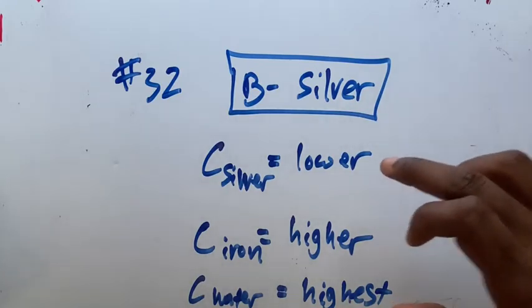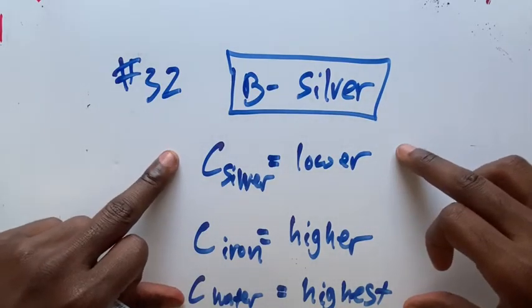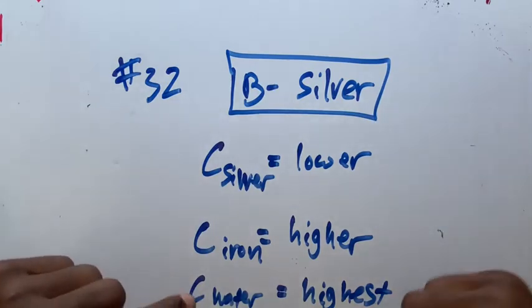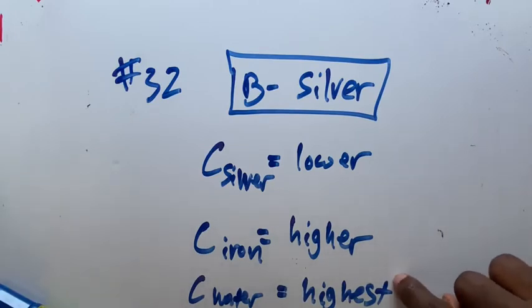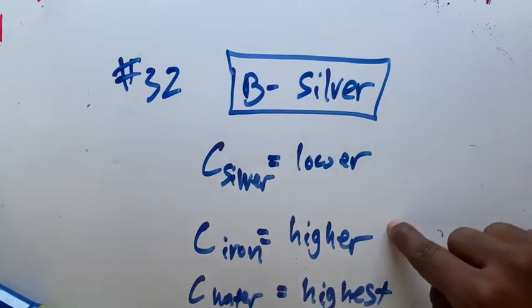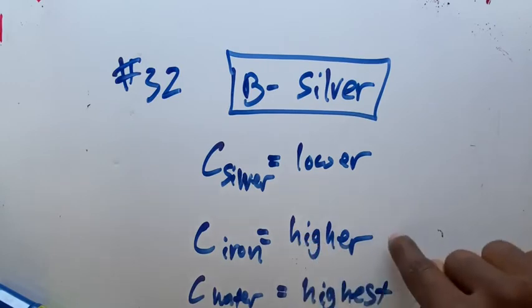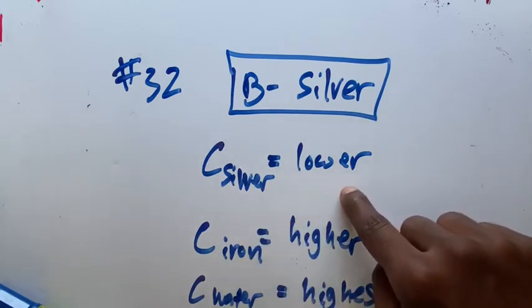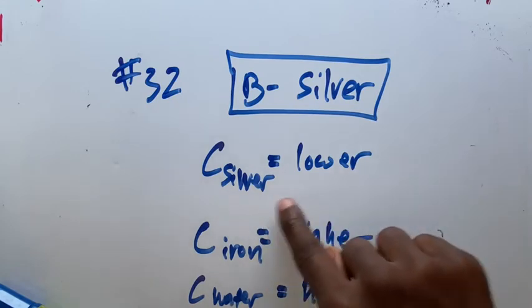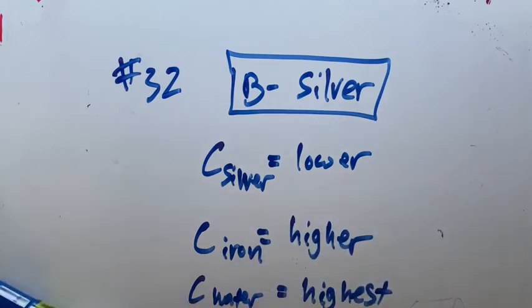So if you put water, iron, and silver all in a furnace and then take them out, the water is going to take the longest time to cool down because it has the highest specific heat. The iron is going to take the second longest because it has the second highest, and silver is going to cool down the fastest because it has the lowest specific heat. All right, hope that makes sense.